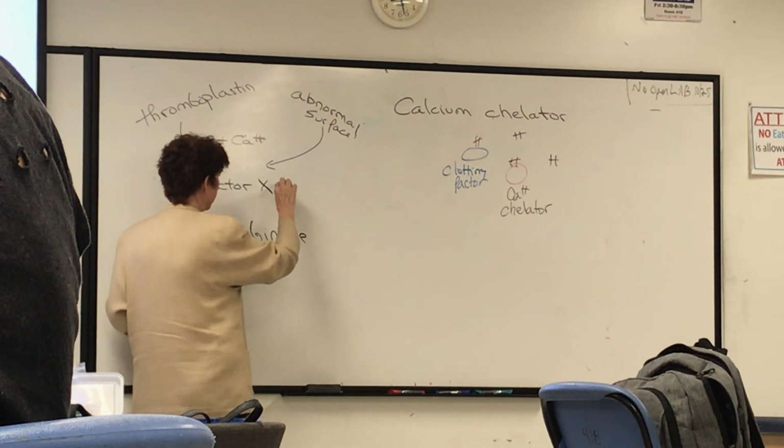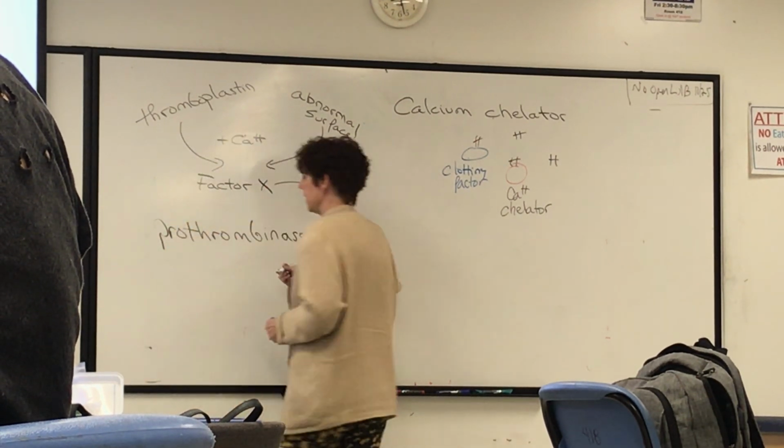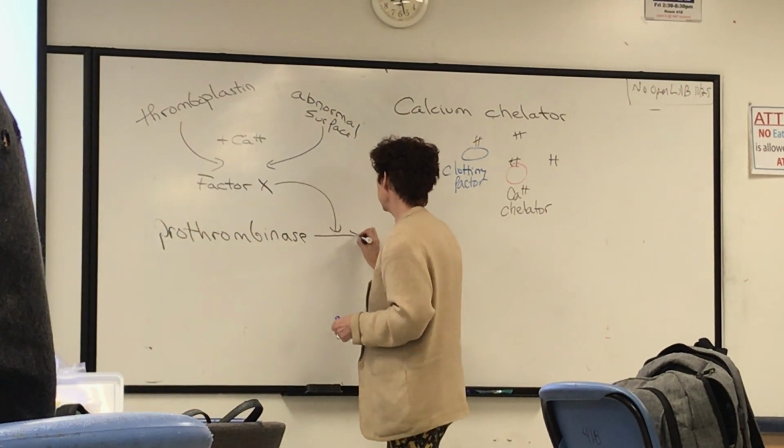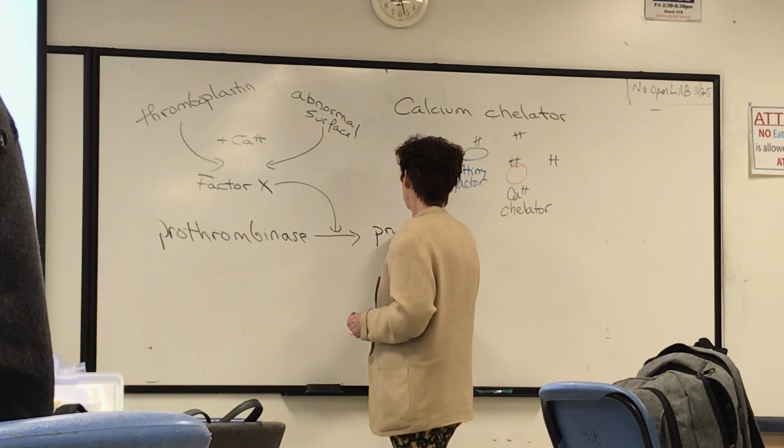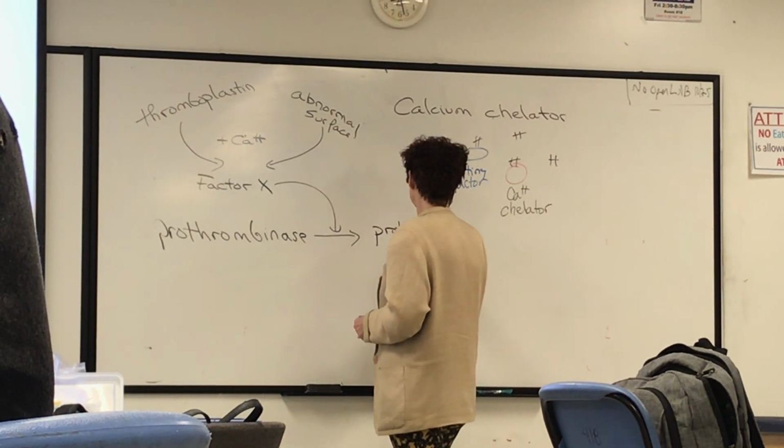And factor 10 is going to take prothrombinase, cleave off some amino acids, and convert it to a molecule called prothrombin.